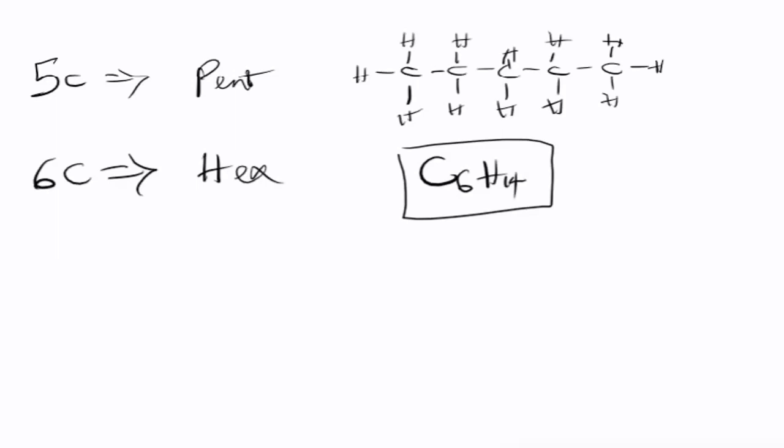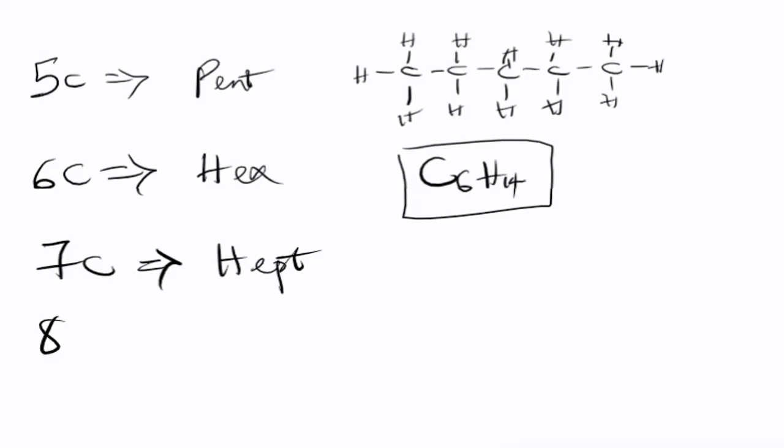When I have 7 carbons, I can have the prefix hept. And then 8 carbons is oct. Example is octane. Example of this is heptane.